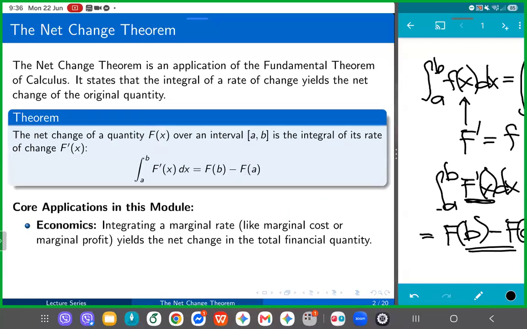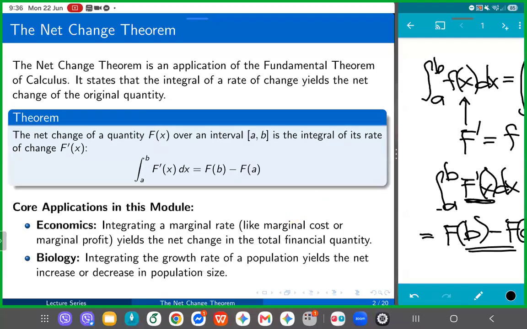So we will look at some applications of the net change theorem.